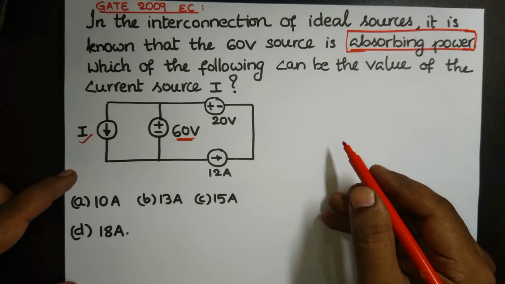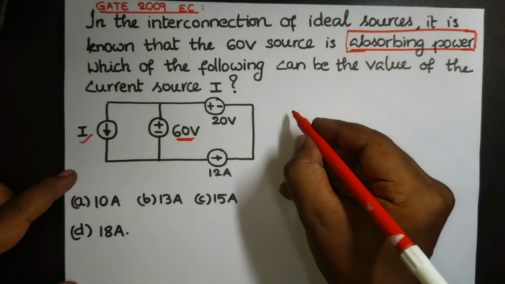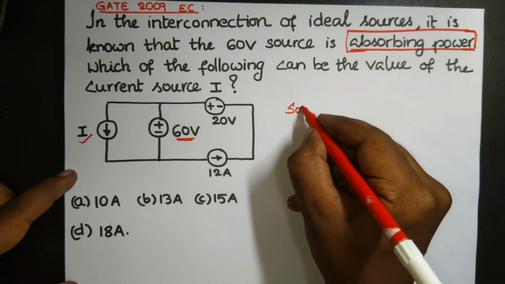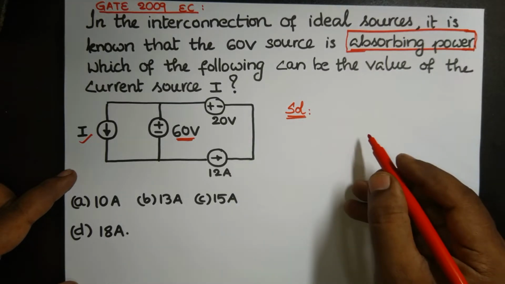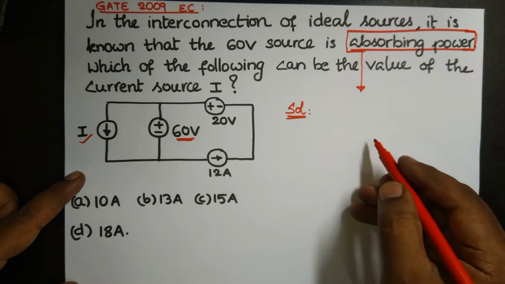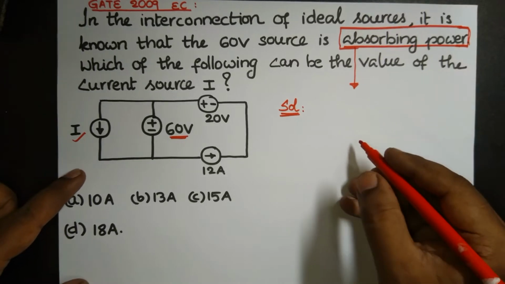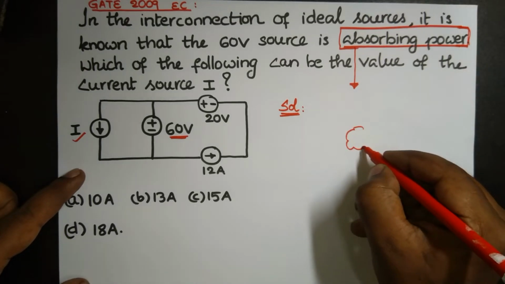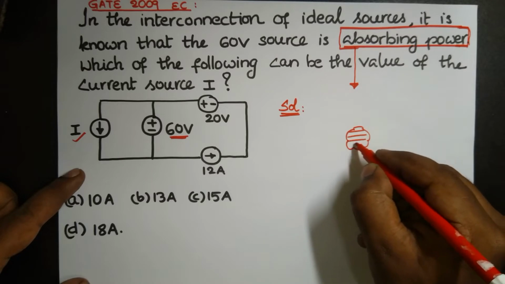Anyways, we will come to some conclusion later. In this case, let's go for the solution. Now what data do we have here? The 60 volt source is absorbing power. Now you see, let us take some element.